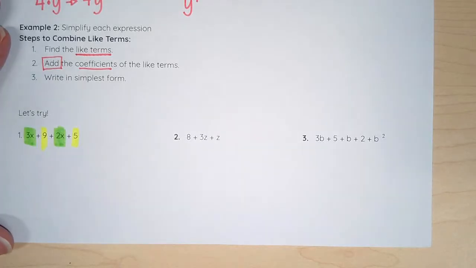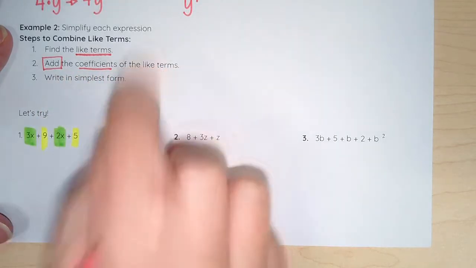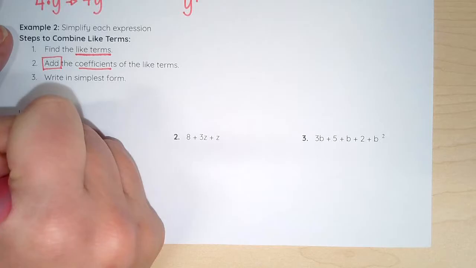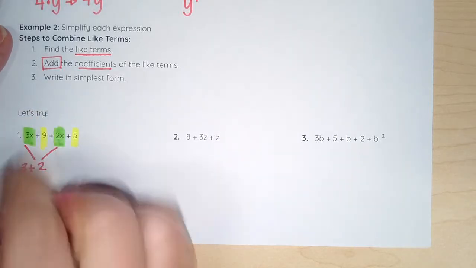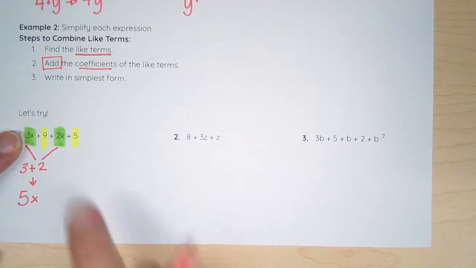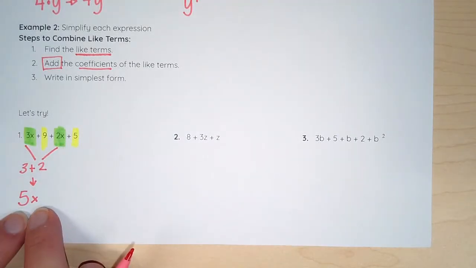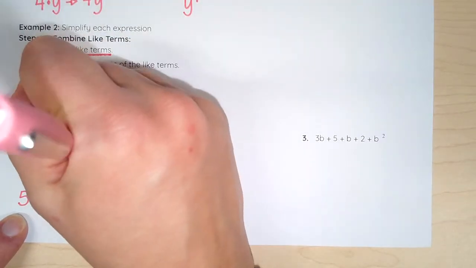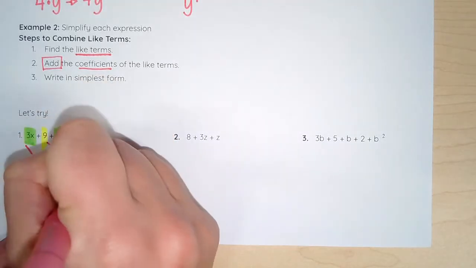So here I'm going to combine. I'm going to add the coefficients of the like terms. So here I'm going to take 3 plus 2, which leads me to 5x. I have 3 x's and I add 2 x's, giving me a total of 5 x's. Here, then I can just combine my constants as well. 9 plus 5 gets me 14.